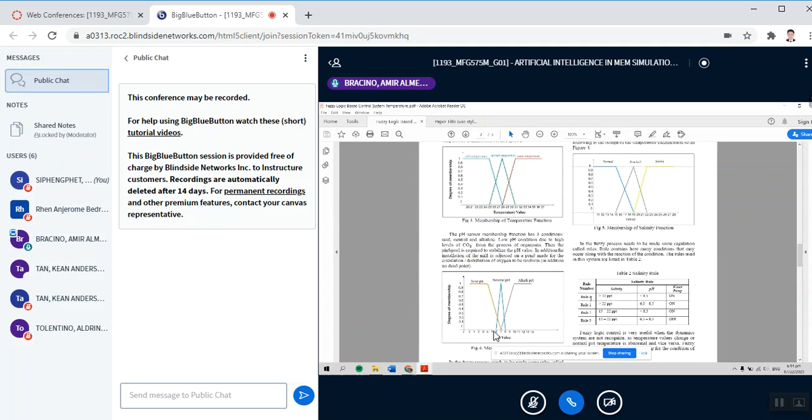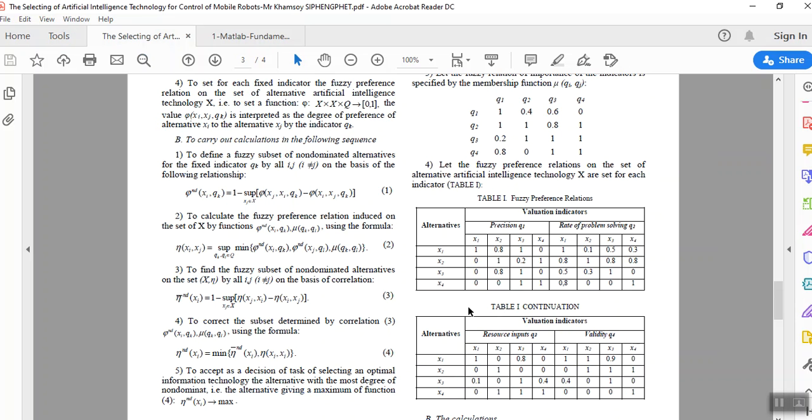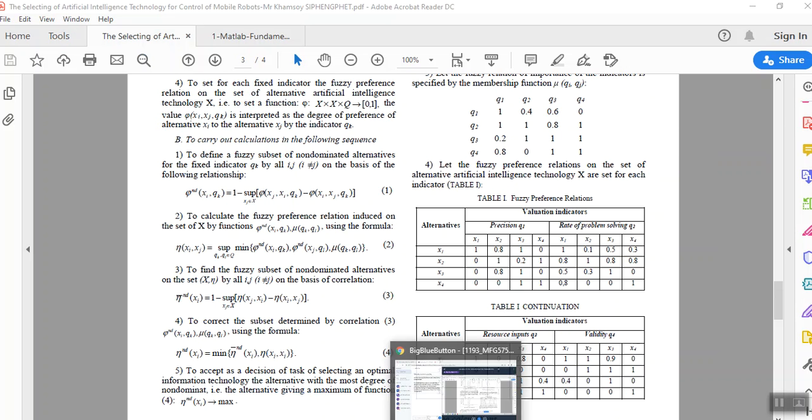Like for example, in the salinity, if the salinity is lower than 22 parts per thousand, and the pH is lower than 8.5, the water pump will turn on, something like that.